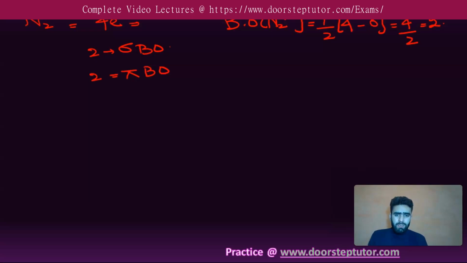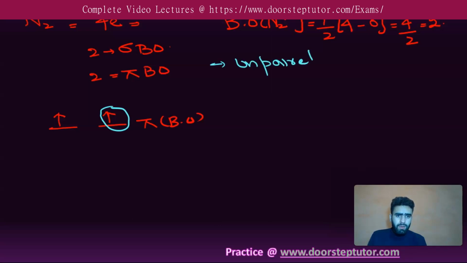Now the 2 electrons present in the pi bonding molecular orbital will be like this, so the 2 electrons are unpaired. So N2 plus 2 will be paramagnetic in nature.